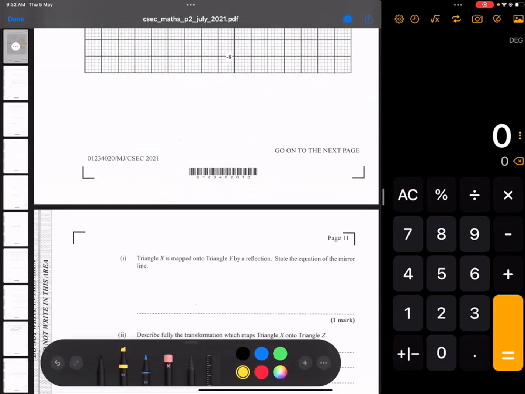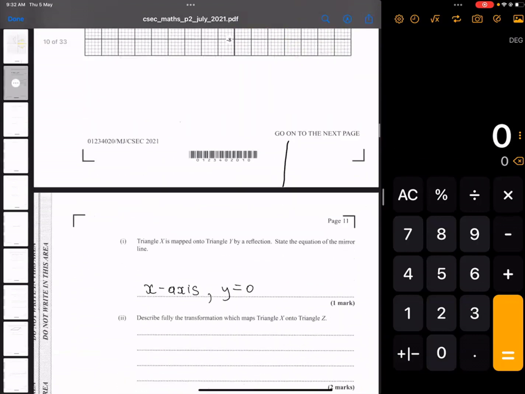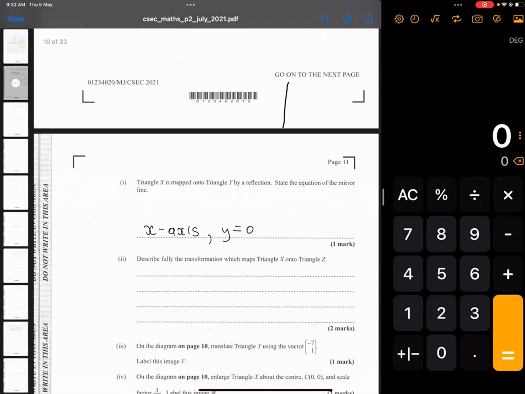We'll simply write that the mirror line is the x-axis, and the equation for the x-axis would be y equals 0. Yes, y equals 0. Alright, so that is one mark.